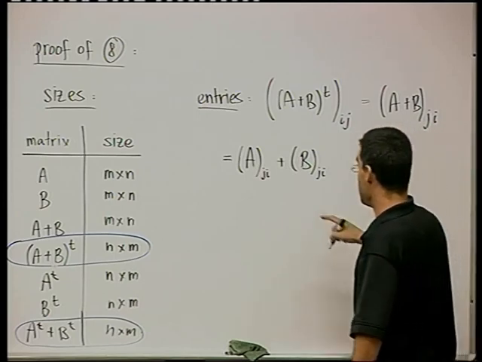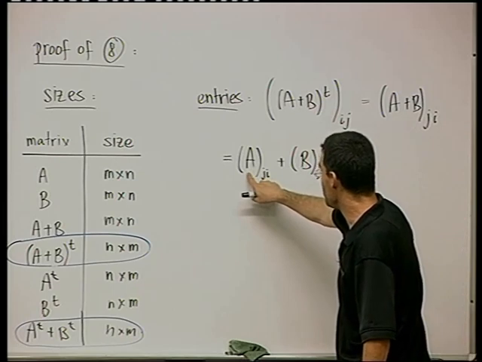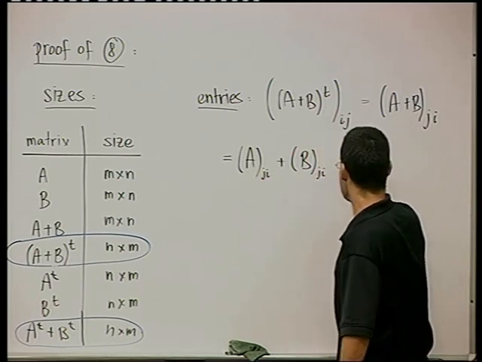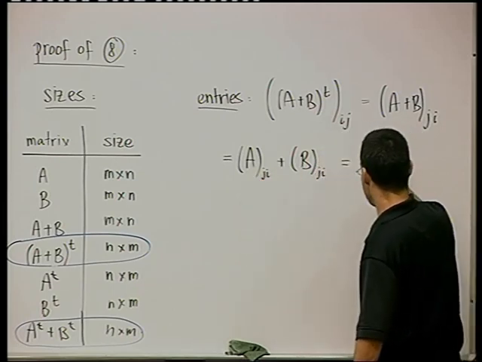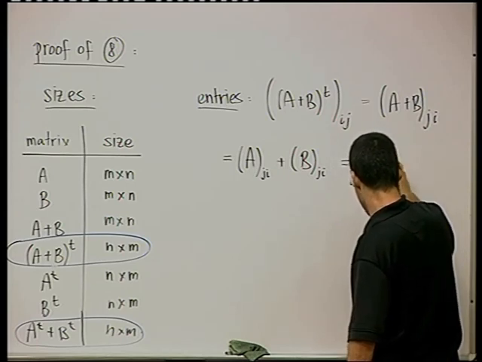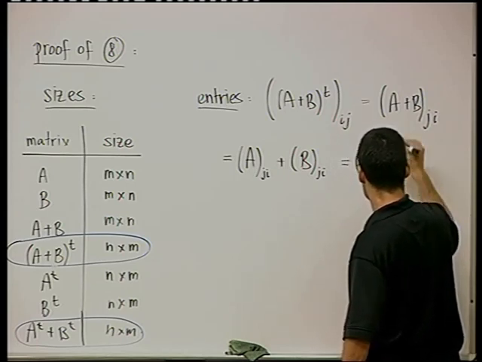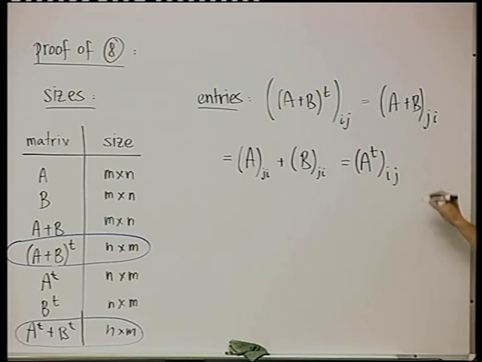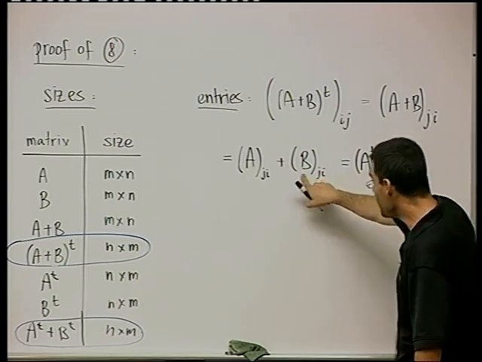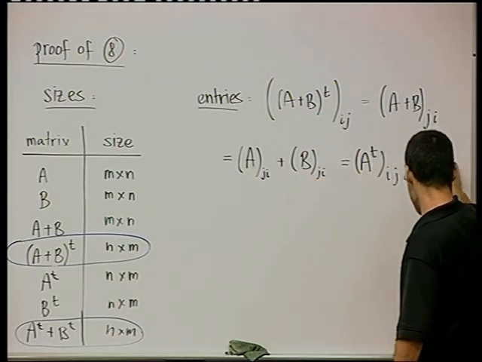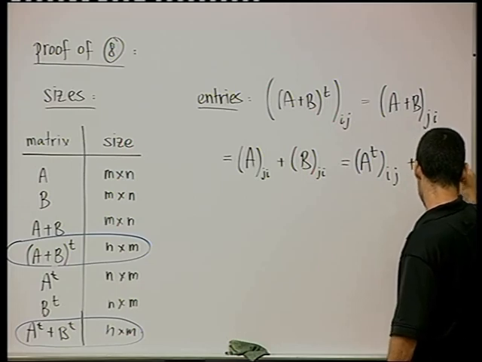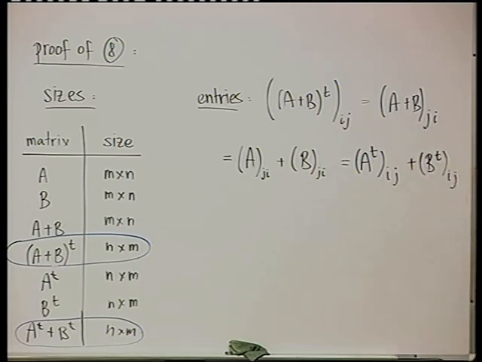Okay? Now, what is the jith element of A? It's precisely the ijth element of A transpose. And the jith element of B is the ijth element of B transpose. That's how the transpose is defined.